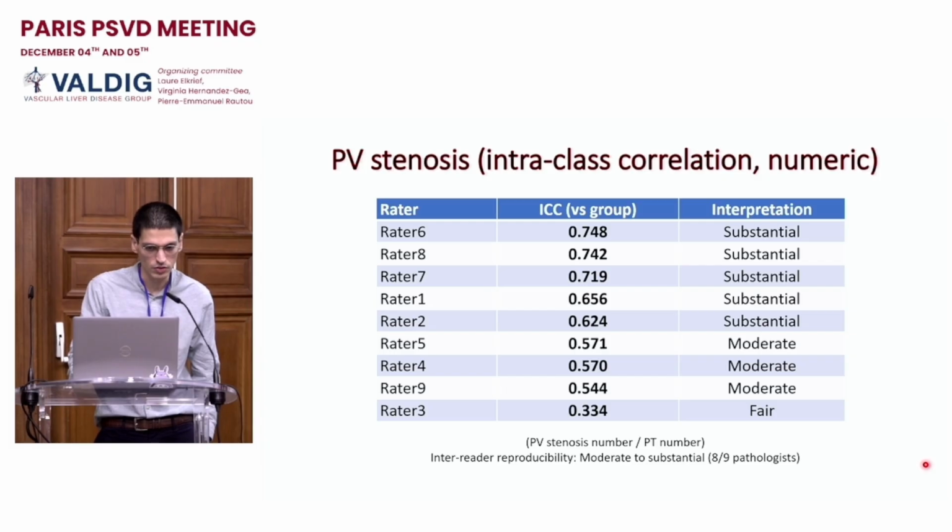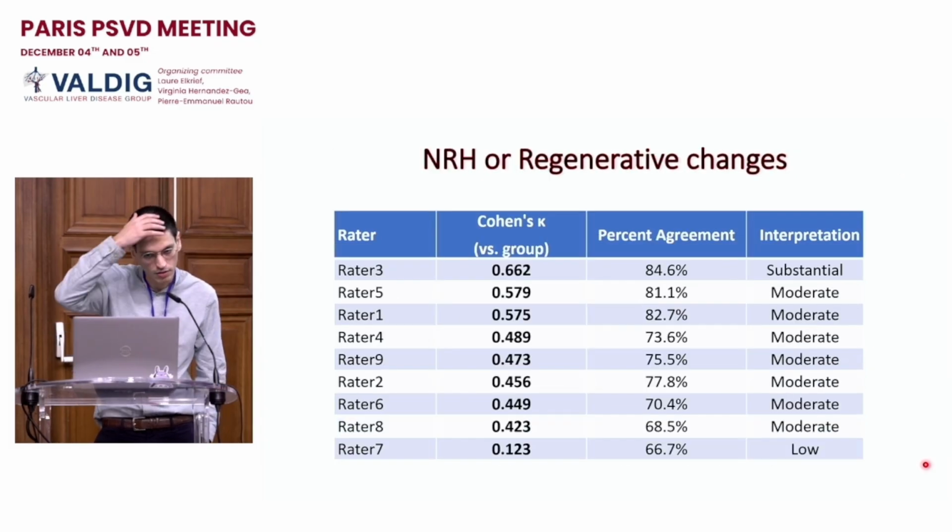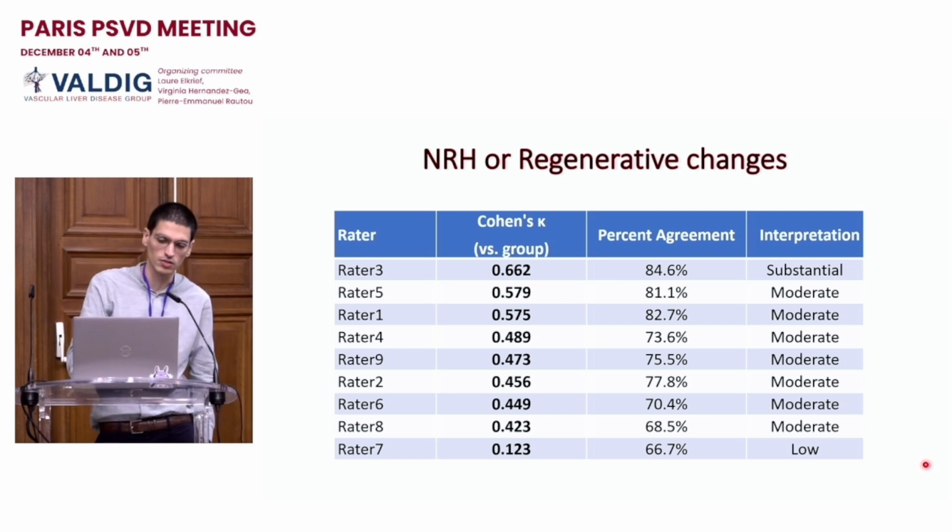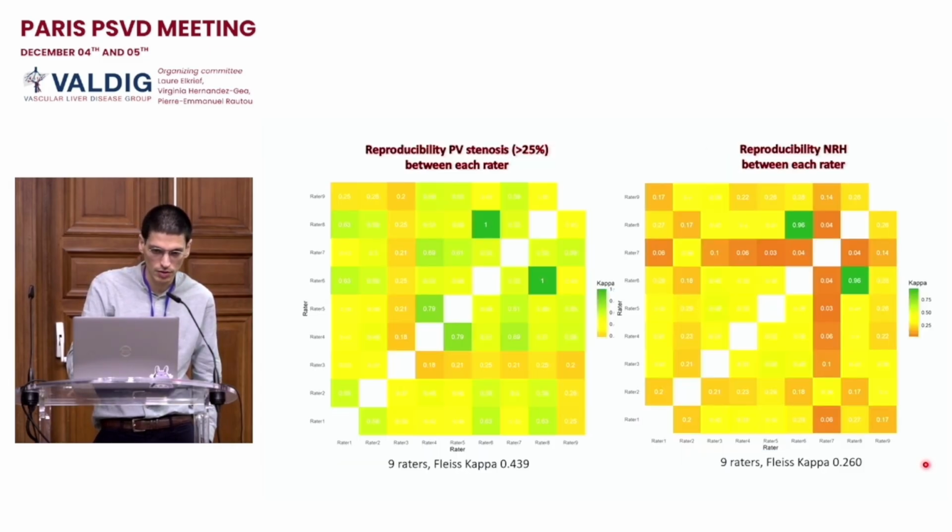For NRH, the kappa ranged from 0.9 to 0.6, but in the literature, as you know, from Jarap et al. in 2015, the kappa is around 0.2 for NRH.